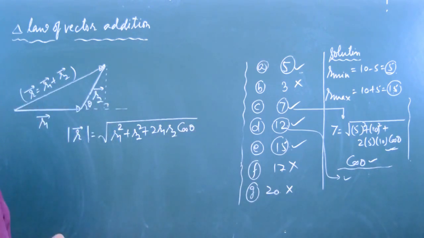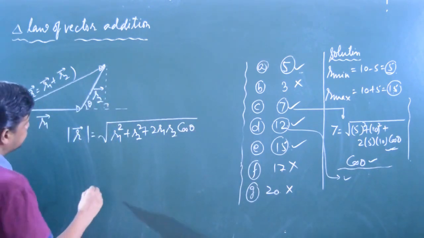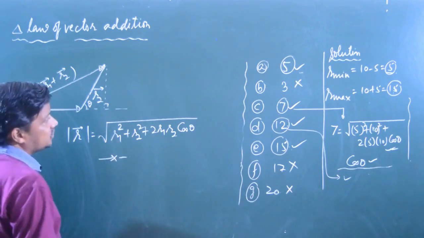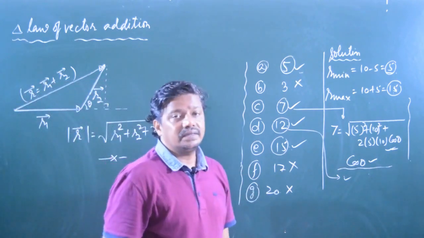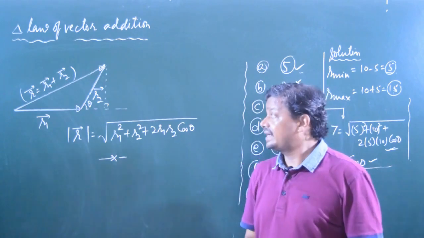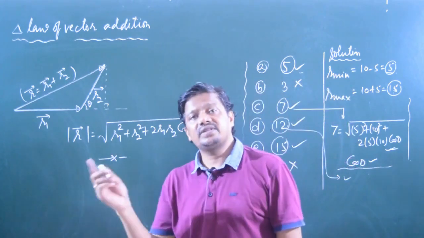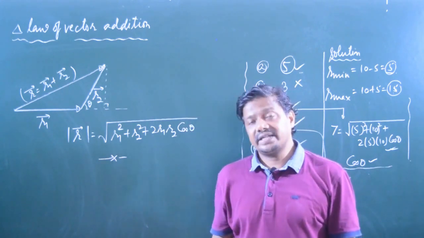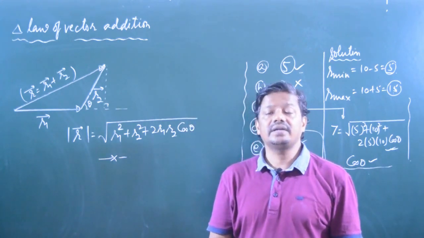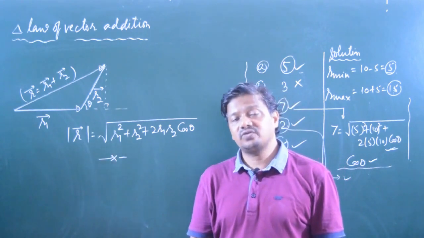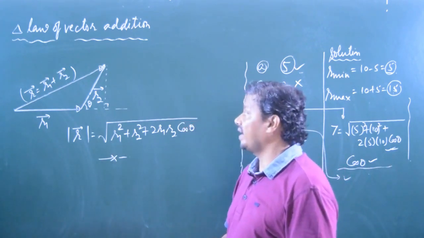The similar derivation you have to do. And these conditions are possible here also. In the case of head and tail of vector addition, the head of the first is connected with the tail of the second, the head of the second with the tail of the third, and so on. That's why it is also called the polygon law of vector addition.